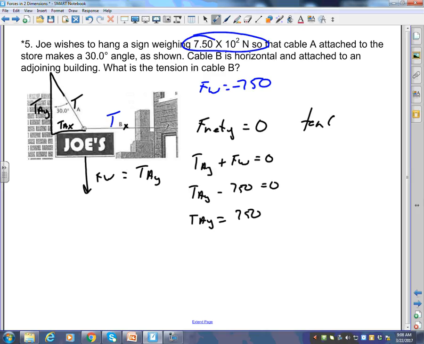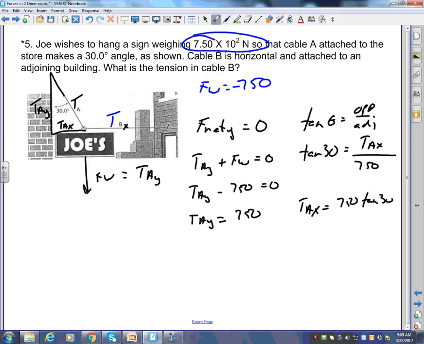So tan theta is opposite over adjacent. You probably don't need to write that step. Tan 30 is opposite, which is TAX, over adjacent, which is TAY, which is now 750. So in other words, TAX is going to be 750 times tan 30.